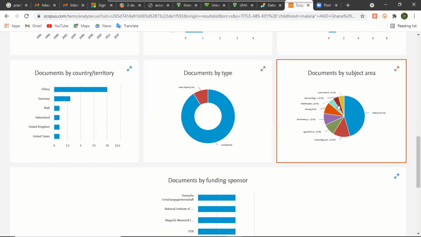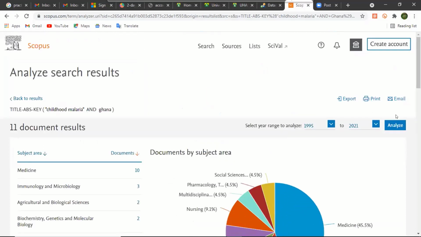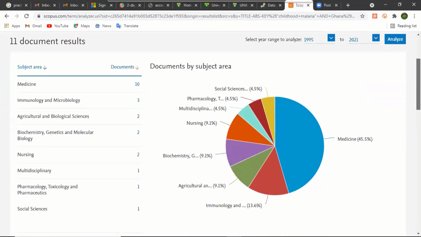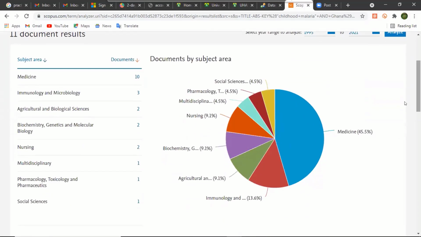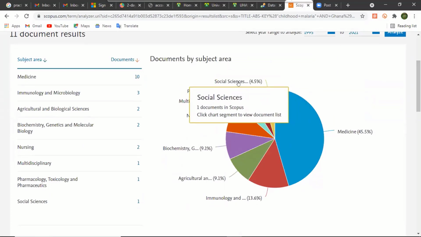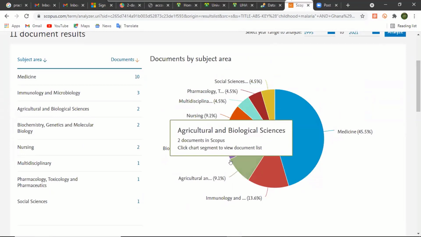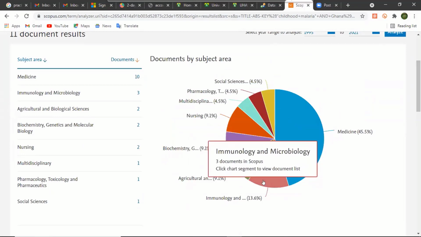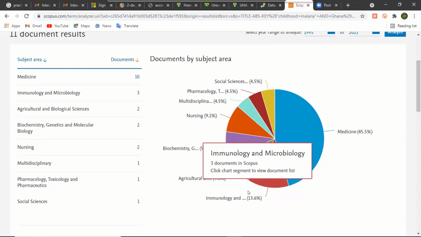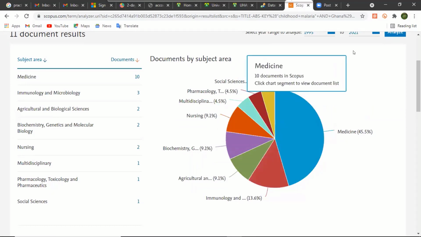Then, of course, subject area, an interesting one. I can actually click on this to expand it so we can see it more clearly. So looking at the subject area, for example, you can see that there were a number of documents in the social sciences area. We have biochemistry area, Greek, and whatever. Like, I remember Dominic tried to explain when we were discussing the issue of originality.